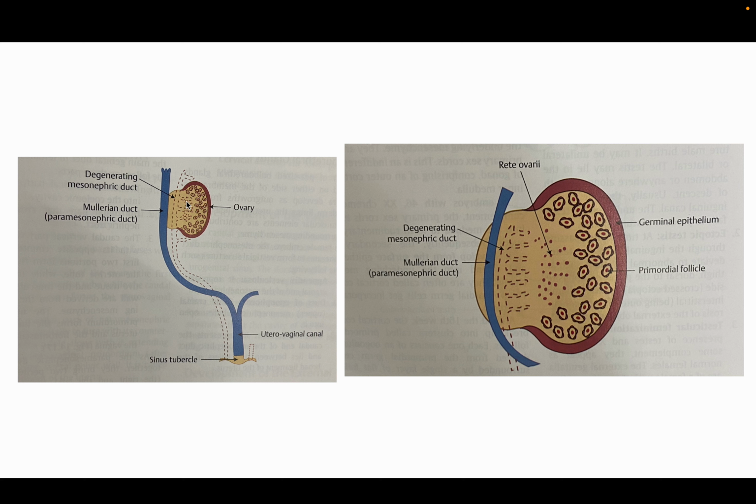But in this case, the breaking of these cord cells is happening into small clusters of cells. You can see they are just forming the primordial follicle. What is left is small strands present in this mesoderm. They are going to form the rete ovarii, but with no communication with the degenerating mesonephric duct.